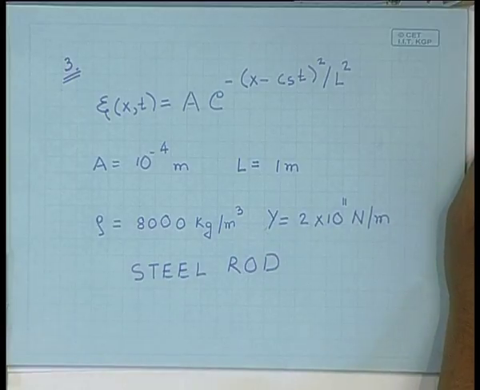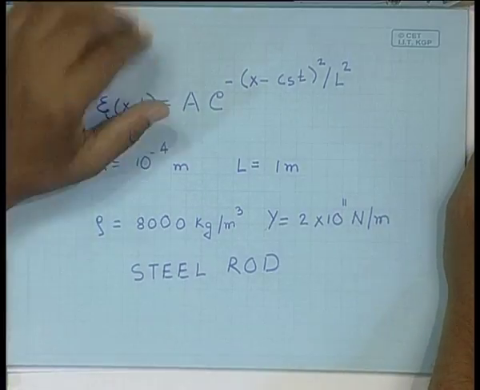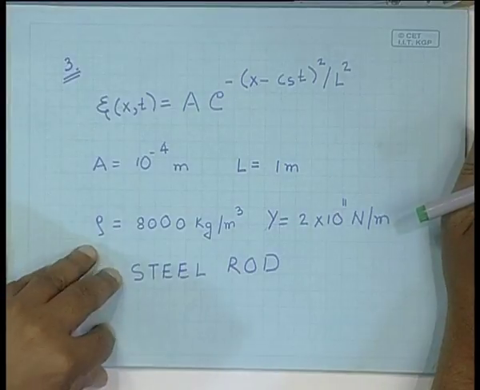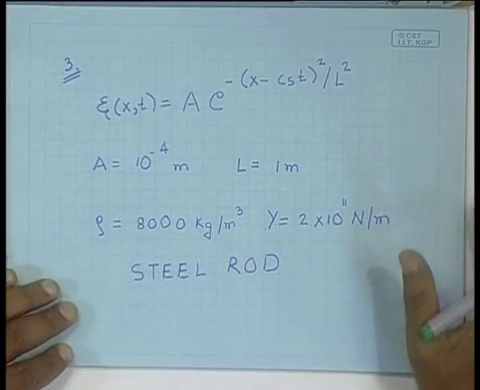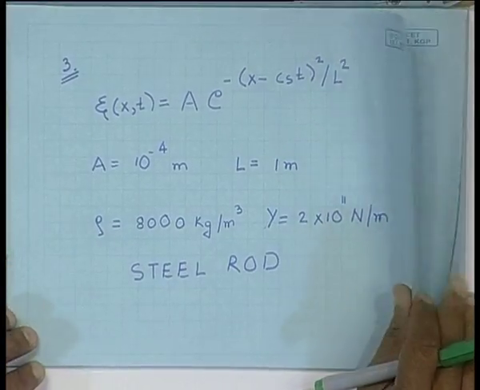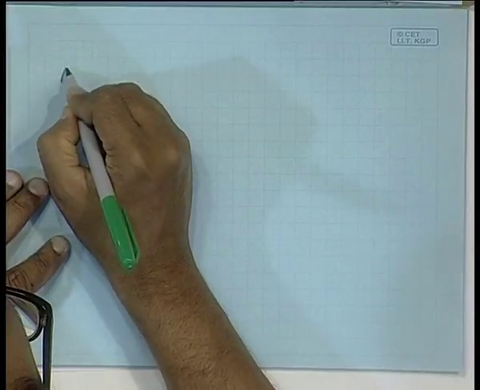So, the first question that is asked is as follows: where is the displacement maximum at the time t equal to 10 to the power minus 3?